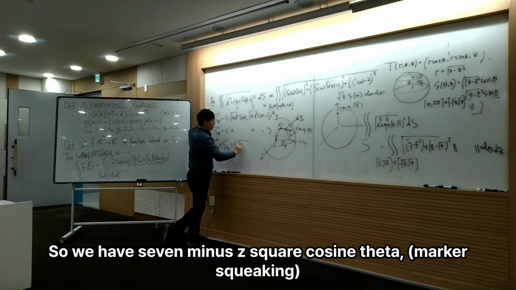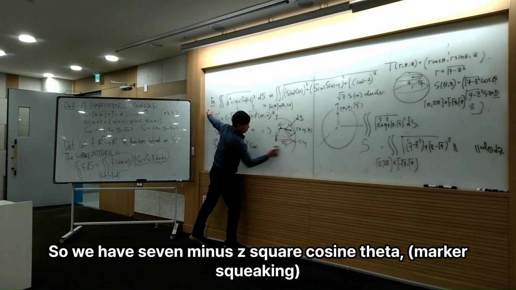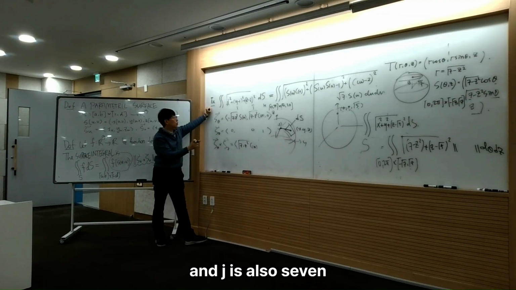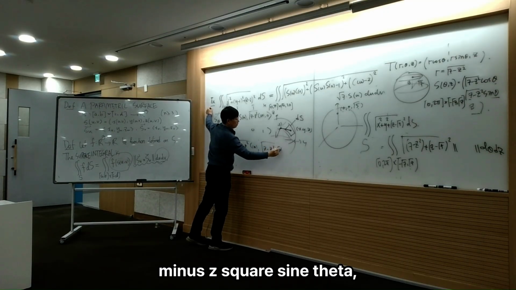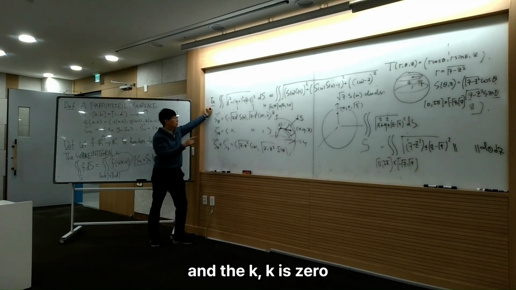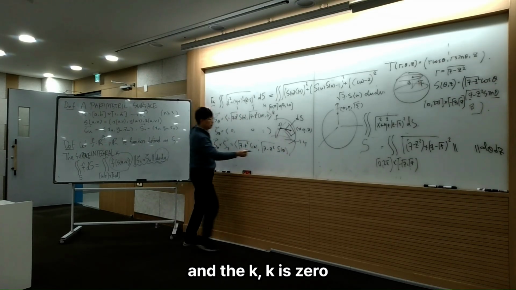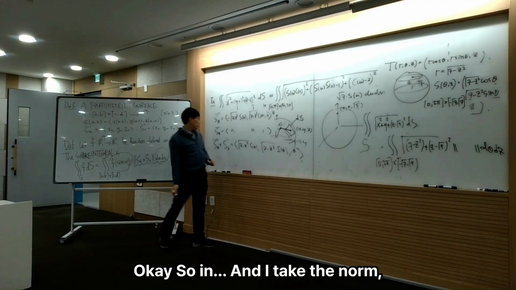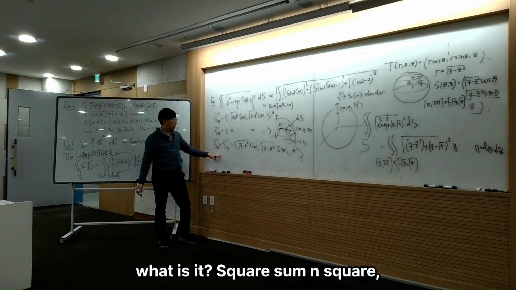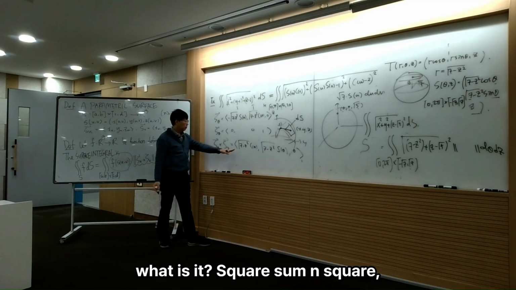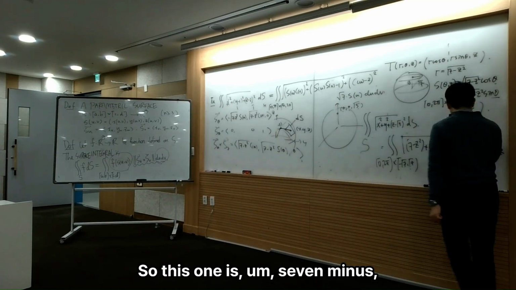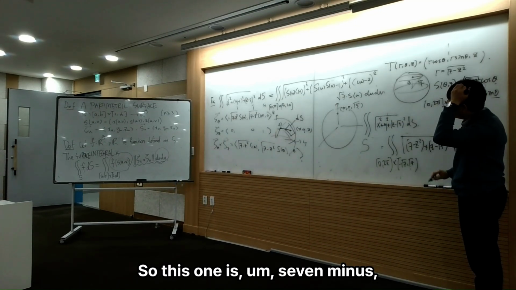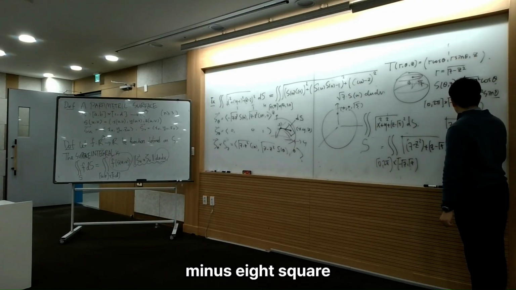So we have i component: square root of 7 minus z squared times cosine zeta, and the j component is also square root of 7 minus z squared times sine zeta, and the k component is 0. Okay. And when I take the norm, what is it? Square and sum, so the norm is square root of 7 minus z squared.